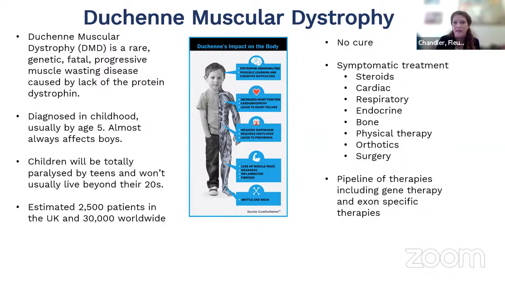There's an estimated 30,000 patients worldwide. There's currently no cure, but there's quite a few things in development. Symptomatic treatment only, which is steroids, cardiac management, respiratory management, endocrine management, bone health, physical therapy, orthotics, surgery in some cases. But there is a pipeline of therapies coming through, which gives hope to the later generations.